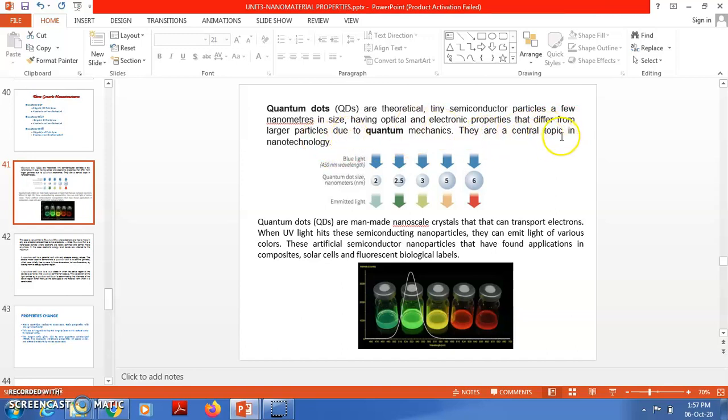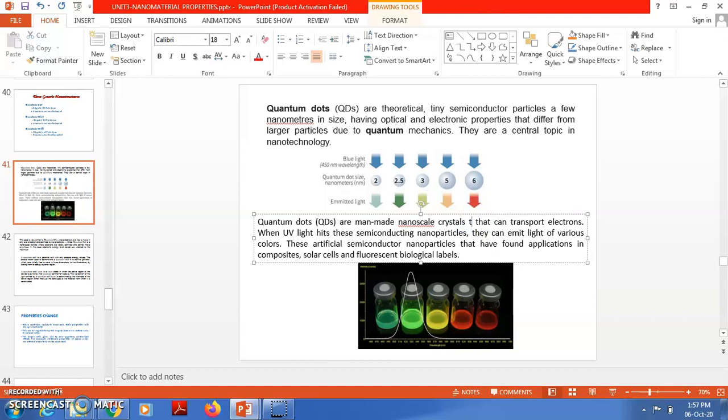They are a central topic in nanotechnology. When you apply blue light to a quantum dot of a given size, it will emit light in a particular color. Quantum dots are man-made nanoscale crystals that can transport electrons.